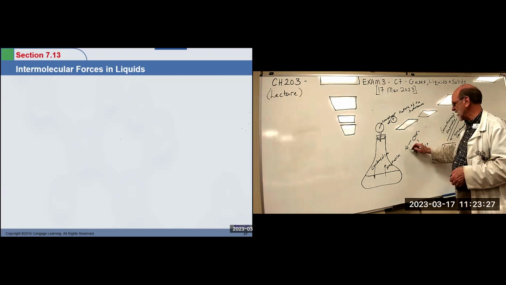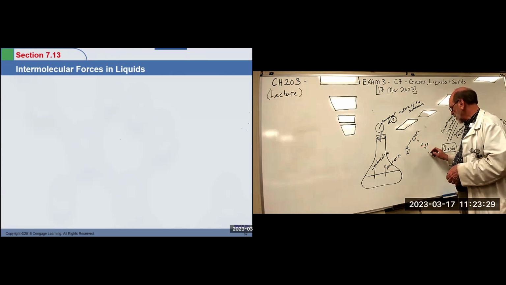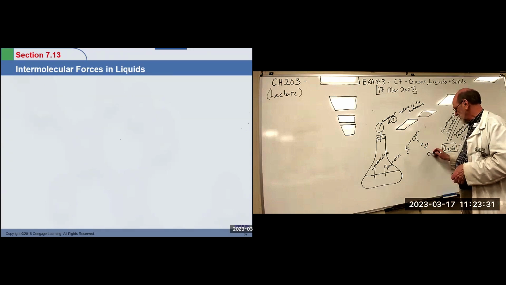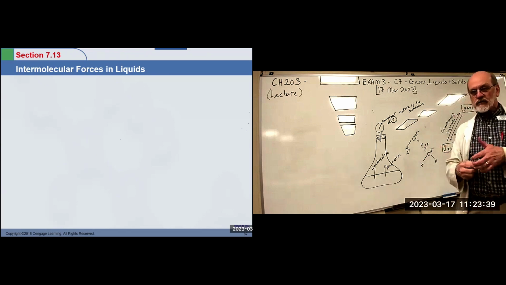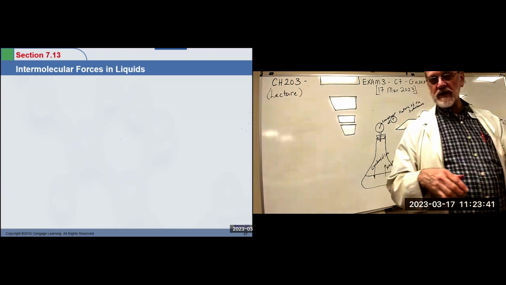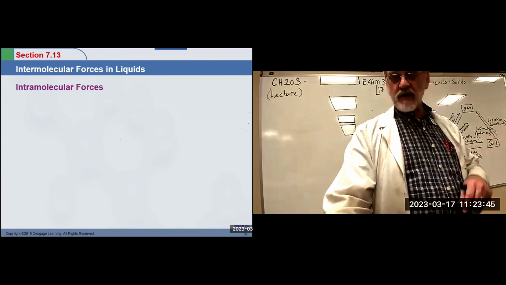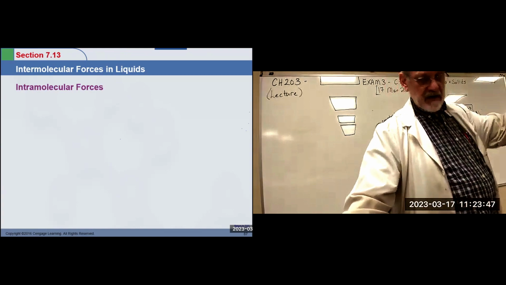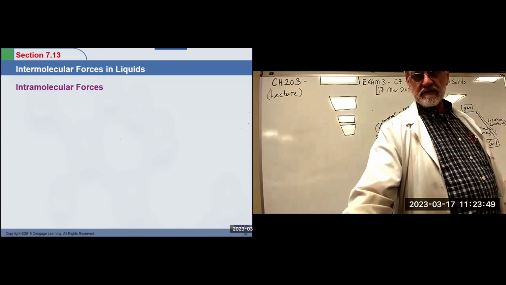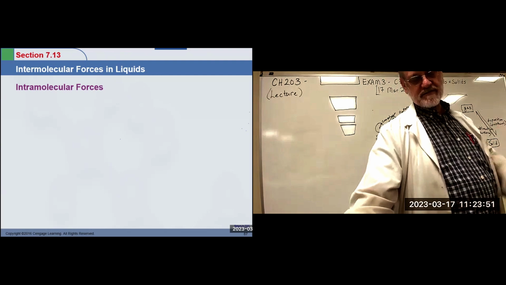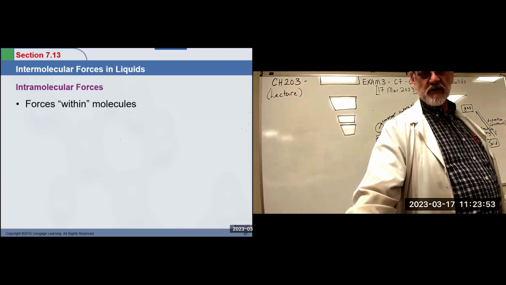This is going to be slightly negative. So if another water molecule approaches such that the negative is close to the positive, we get an electrostatic attraction between the two. That's an intermolecular force. And that occurs in liquids, it occurs in solids, it occurs in gases. Not so much in gases because of the reasons we've described earlier.